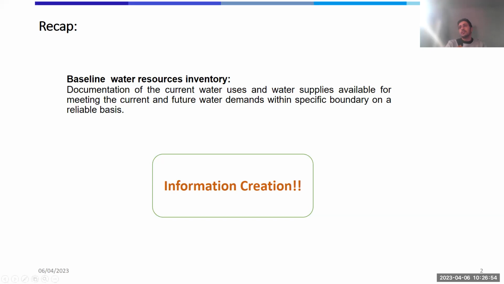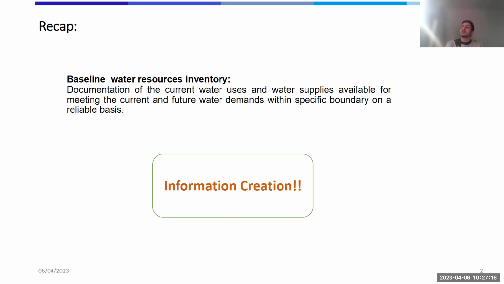So here we will go to information creation in order to do this baseline assessment. We will focus on the types of data and information that are commonly monitored in water resource management. This could include rainfall, stream flow, water quality, water quantity, and so on.